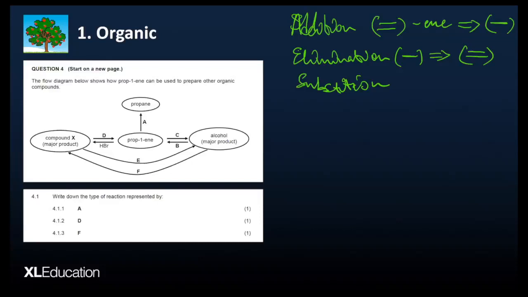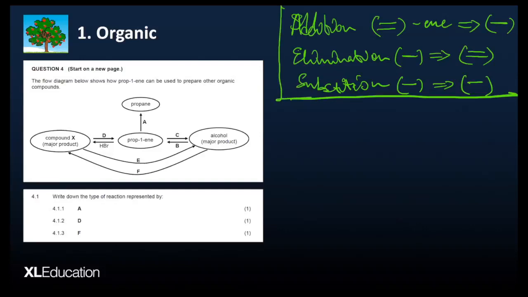Substitution reactions are saturated molecules reacting still to give us saturated molecules. Then basically this is how you can see whether it's an addition reaction, an elimination reaction, or a substitution reaction, and this is a guideline on how you identify these main types of reactions.